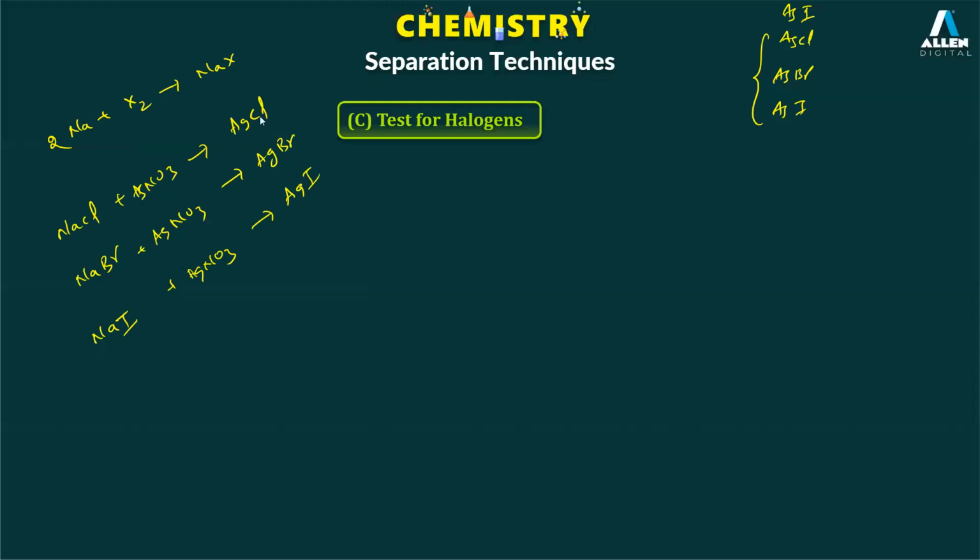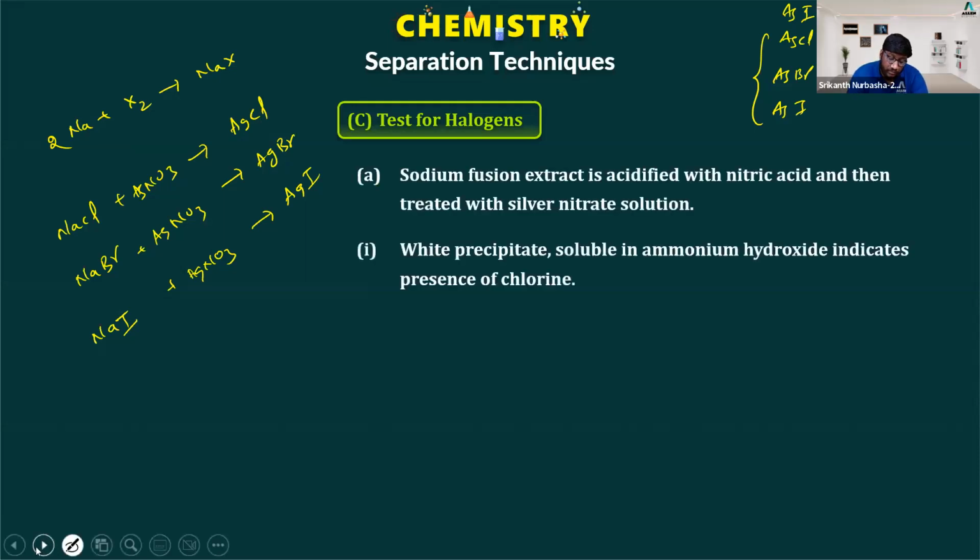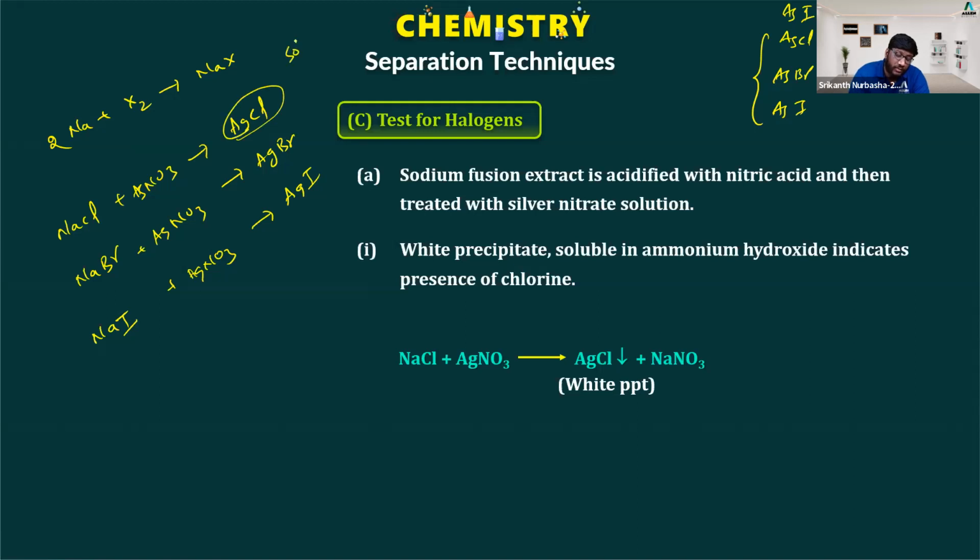White. AgCl is a white colored PPT. AgBr and AgI are yellow colored PPT. AgCl is soluble in NH4OH. AgI is insoluble.